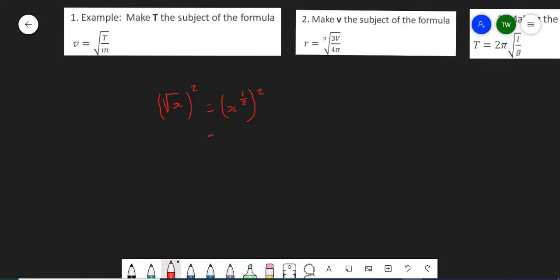Then we can apply the power to power rule, which says the power outside of the bracket is used to multiply the power inside. So that's going to give us x raised to the power of 2/2. Then when we simplify this, this is going to give us x to the power of 1, which is just x.